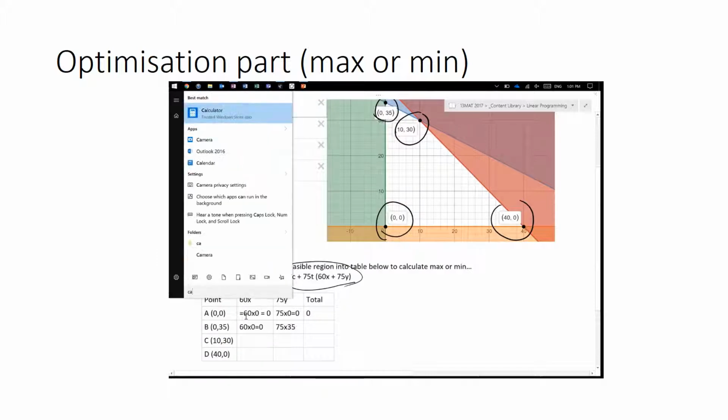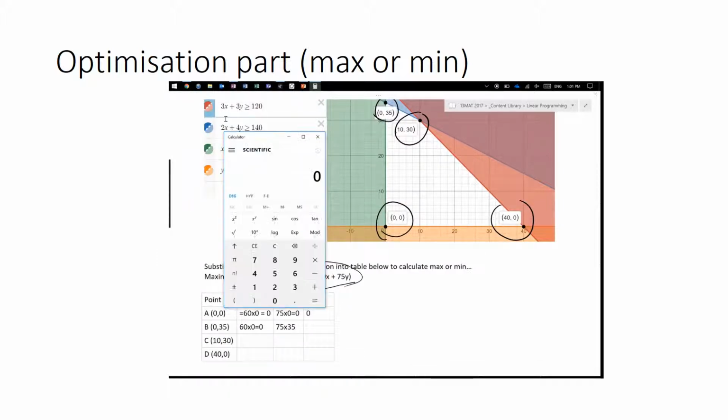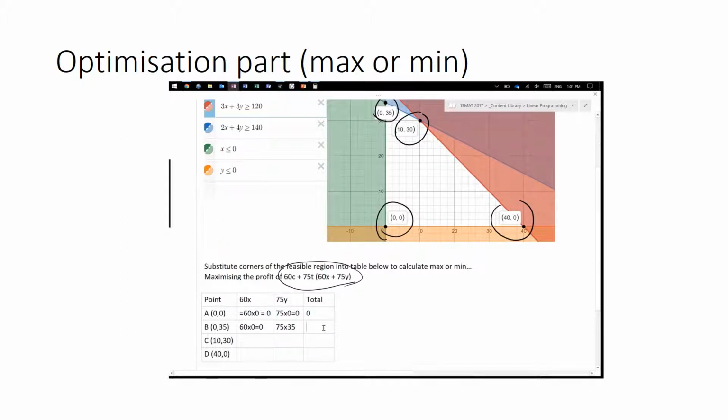I can't do that in my head, so let's just get a calculator and do 75 times 35, that's 2625. This one here is 2625. Our total, adding up those two numbers, is 2625. This one here, 60 times 10, which is 600.